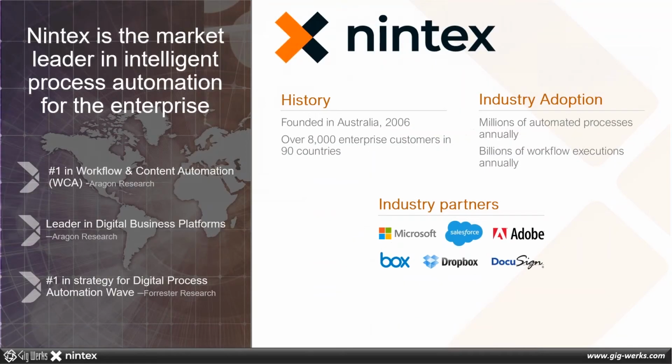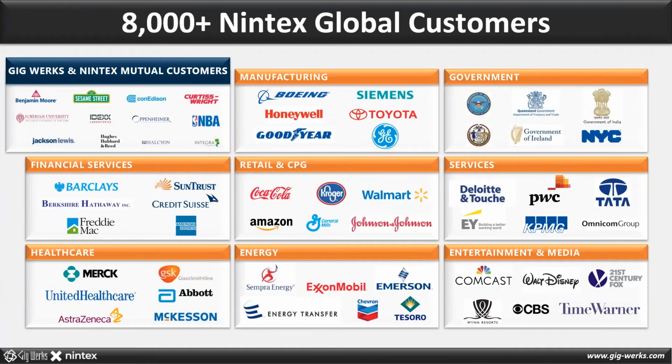And a little bit more about Nintex, founded in Australia in 2006. They have over 8,000 enterprise customers in over 90 countries now, millions of automated processes, and billions of workflow executions annually. Here are some existing customers of Nintex and industries that are currently using Nintex.